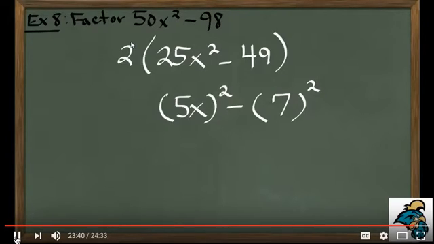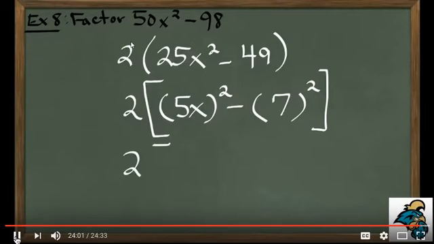25x squared, well, that breaks down to 5x being squared. 5 squared gives me the 25. X squared gives me the x squared. So I'm going to go ahead and put brackets around that since I went ahead and used parentheses. And this 2 gets carried down. It's still out there. It's the greatest common factor of my original polynomial. So now I have 2. And remember, I know how to factor a difference of squares.